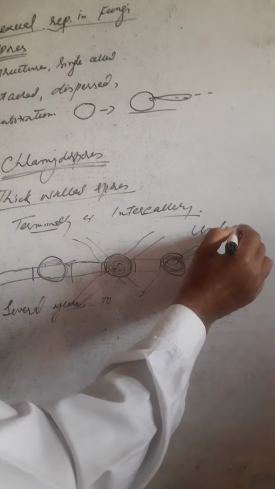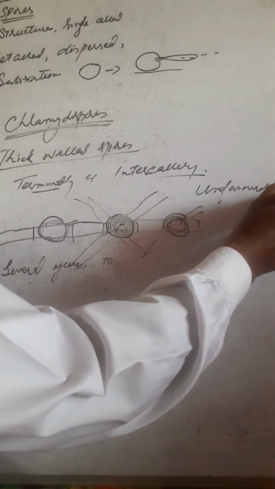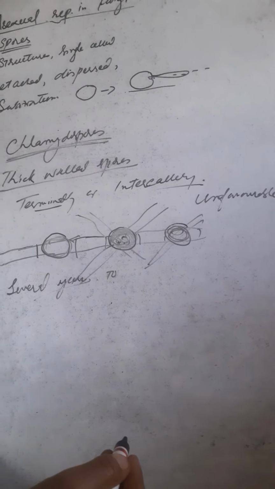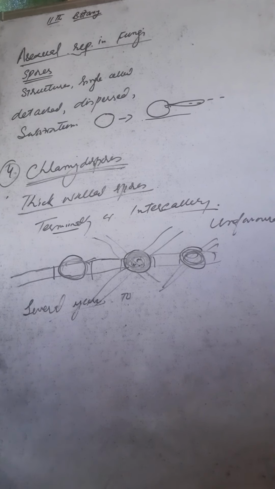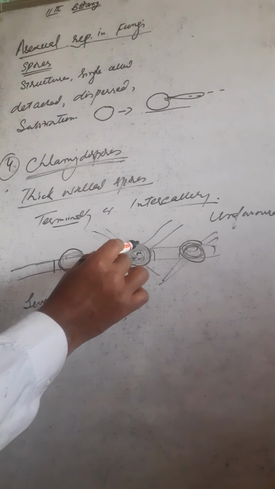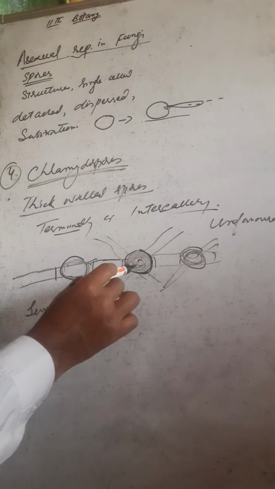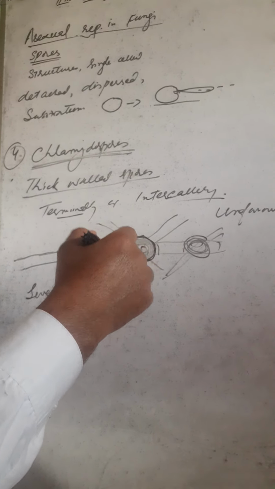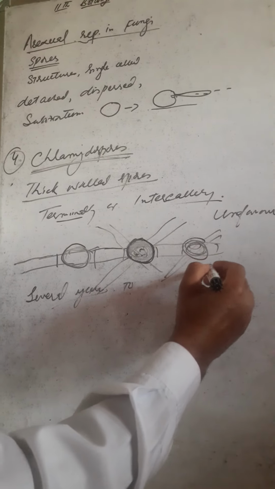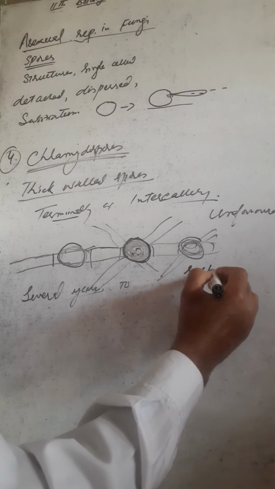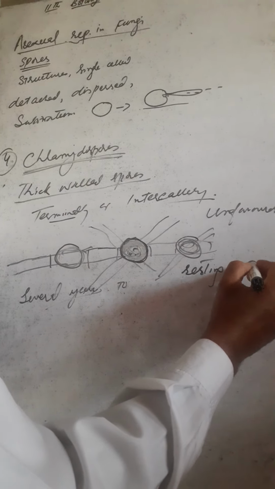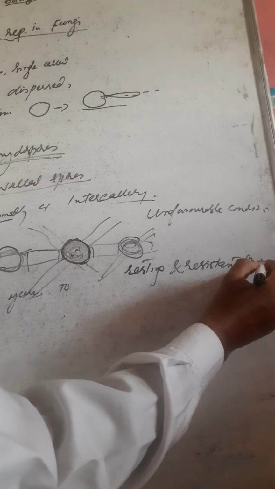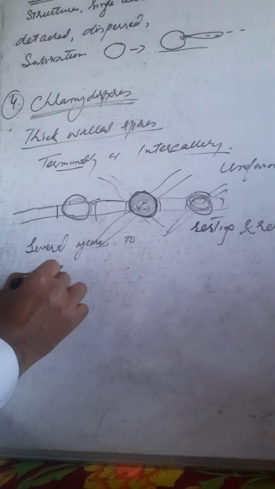When conditions are unfavorable, some hyphal cells change into the chlamydospores, thick-walled, which makes them resistant to the unfavorable conditions. We call them resting and resistant spores. For example, Rhizopus.